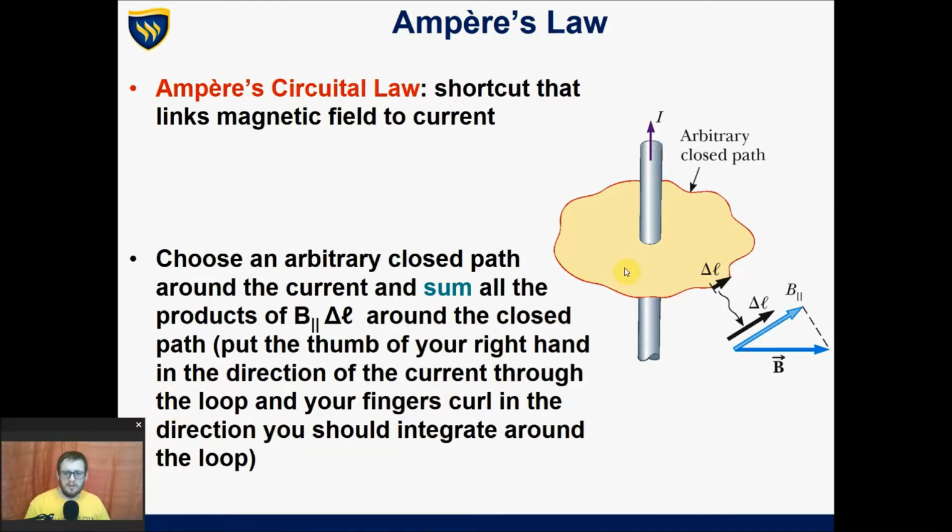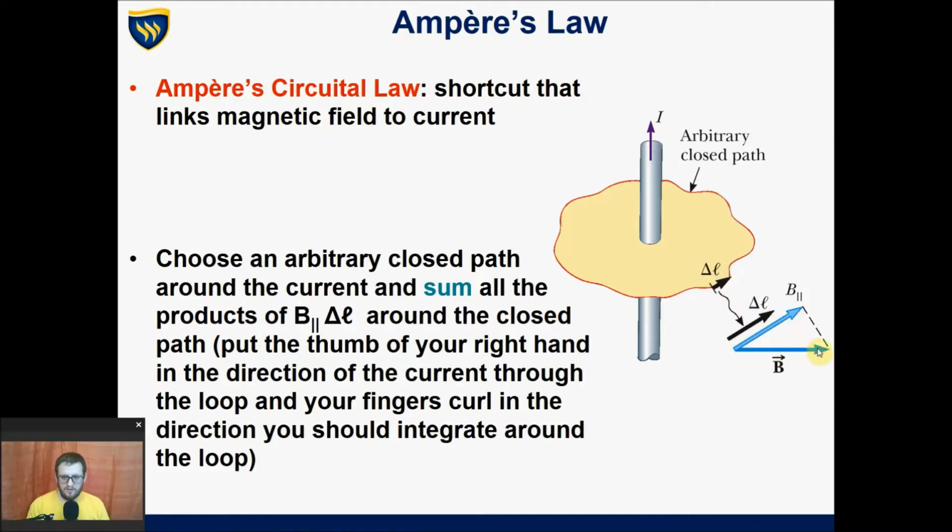So we will look at what we call a path integral, where we're looking at the projection of the magnetic field that is parallel to the path. At any point in space, let's say the magnetic field is this way, but your path is moving along this way.